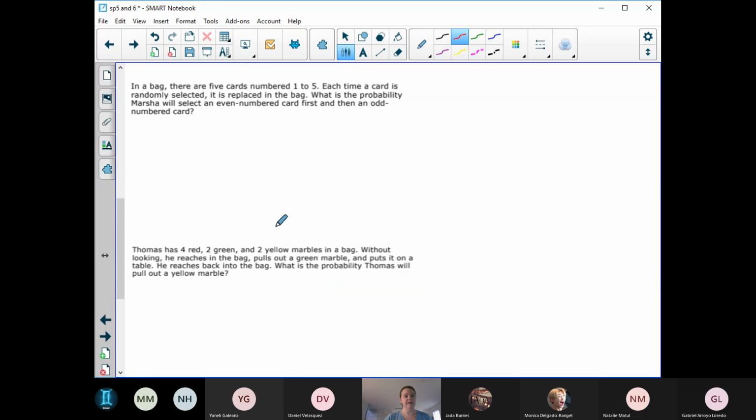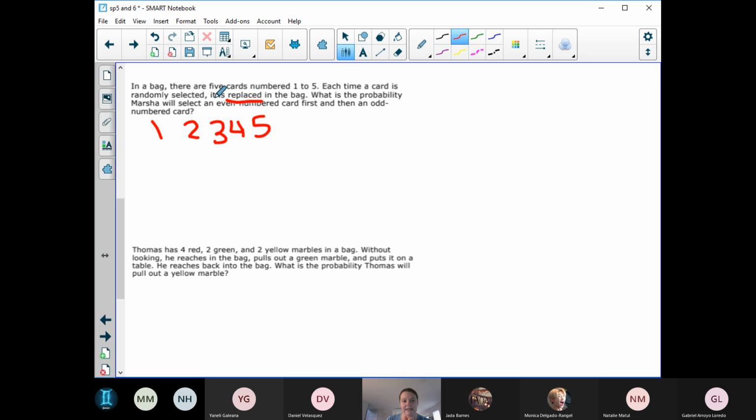Okay, let me make sure I have the right ones. So in a bag, there are 5 cards, 1 to 5. So I have 1, 2, 3, 4, 5 on my cards. Each time a card is randomly selected, it is replaced in the bag.